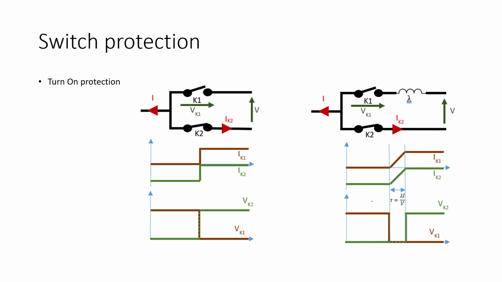Okay, next about protection. Yeah, this is very important. Turn on protection. Look at here. For K1, initially it is turned off and then you turn it on. So when off, current is 0, and when you turn on, current will flow, right here. So from off to on.